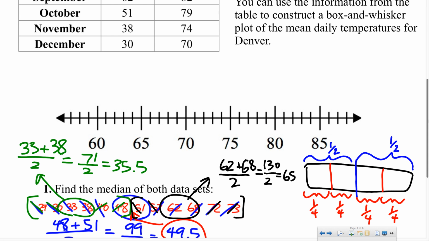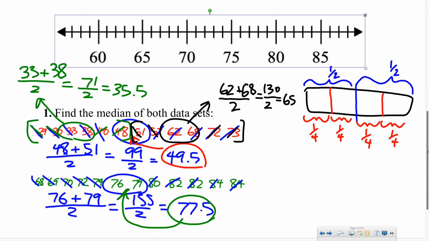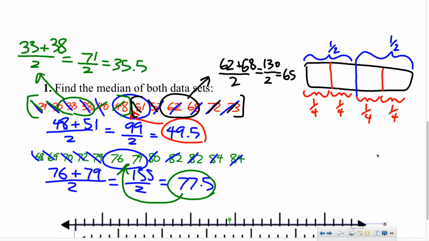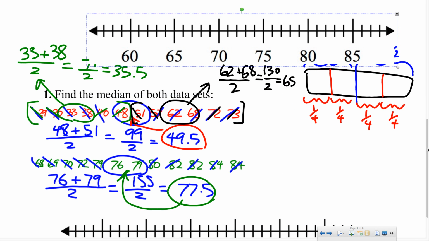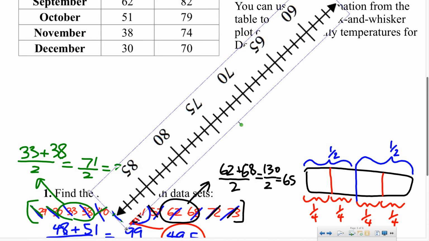Let me make one for Denver. And I'll put this one down below. So we'll use that one for Miami. And I'm going to make a different one for Denver. We're short on time.